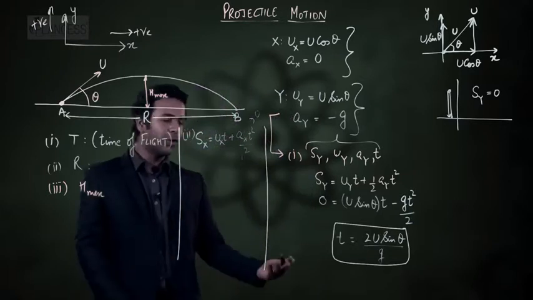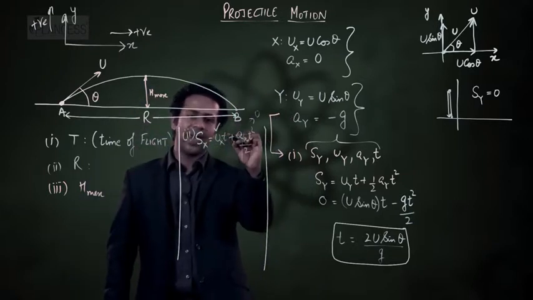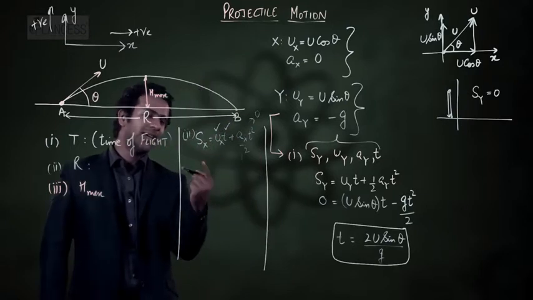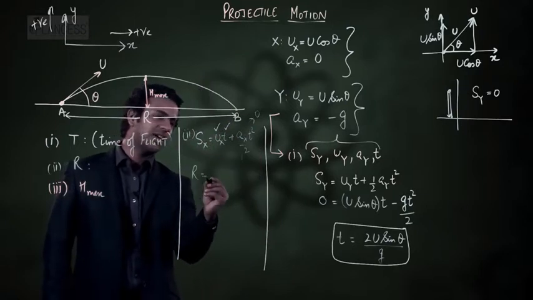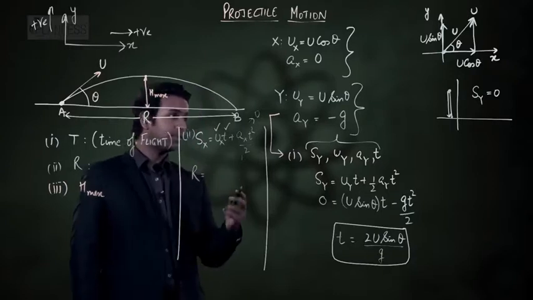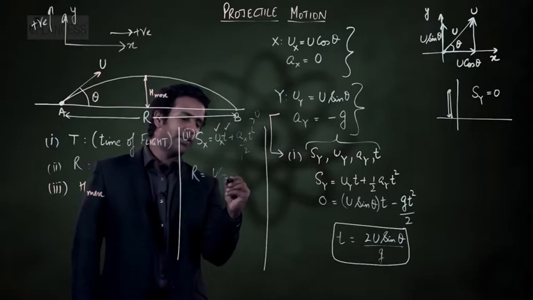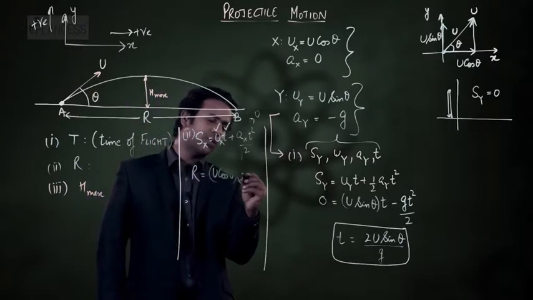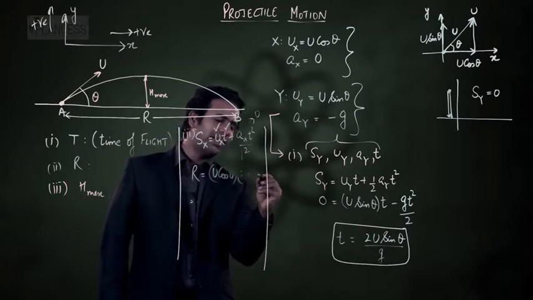If you substitute the known values, since we already know ux and t, you see that Sx, which is the range, is equal to ux, which is u cos theta, into the time, which is 2u sine theta by g.